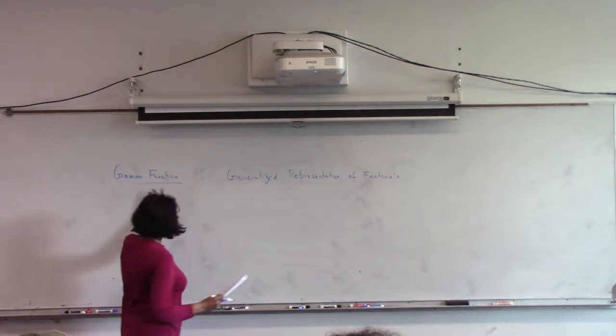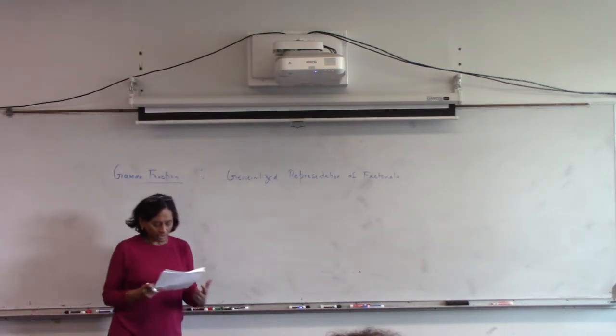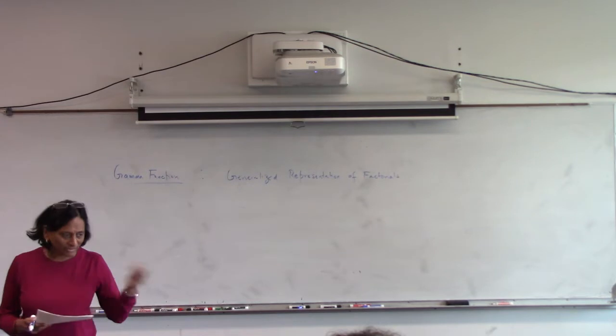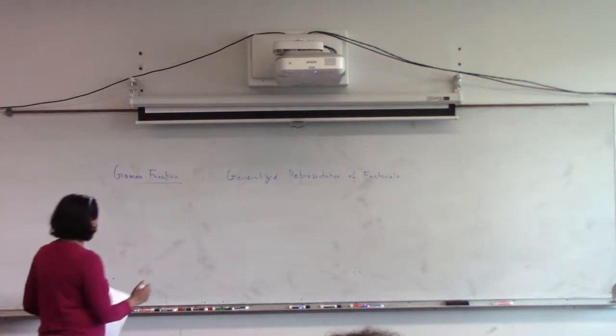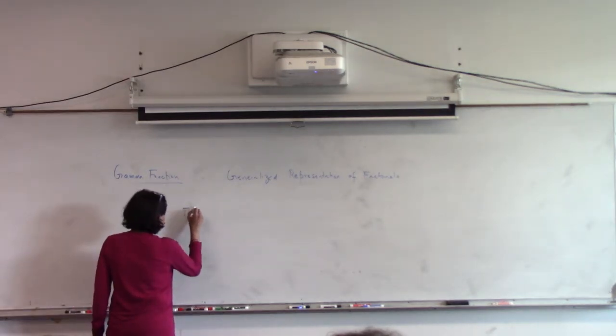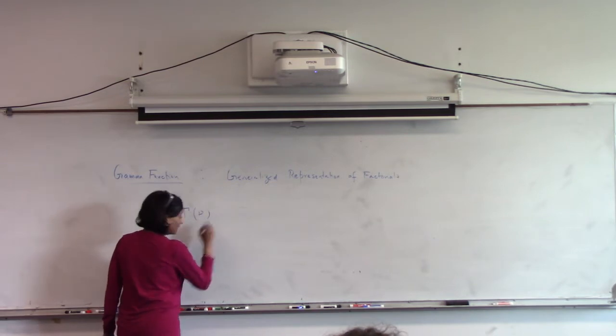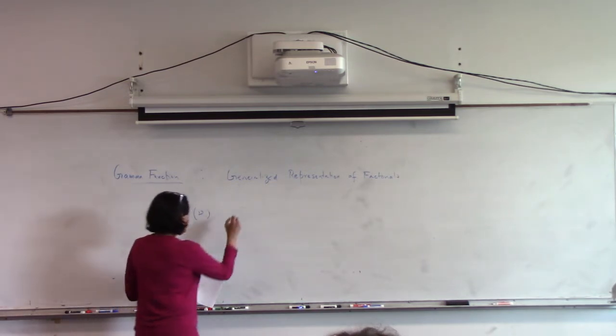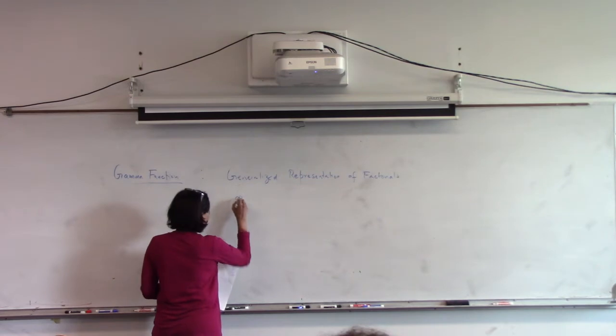So for that, we'll go through the gamma function. We'll show that gamma function is related to factorials. Okay, this is the definition of gamma function. It is given by the following integral.